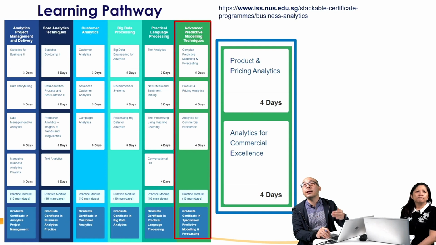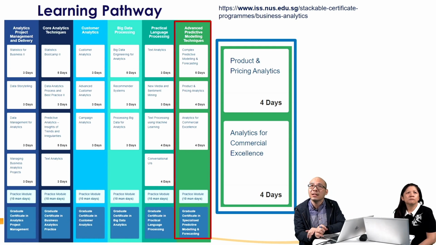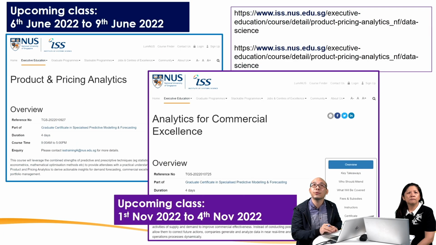So in the end, Christine and myself cover those important techniques, content and topics pertaining to product and pricing analytics, as well as analytics for commercial excellence, respectively, 4 days for each course. You're strongly encouraged to visit our website for the detailed information on these 2 courses.